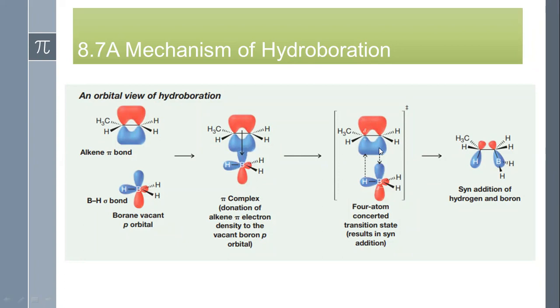So one of the carbons utilizes its p orbital to form a head-on overlap with the p orbital of this boron, and that would result in a partial bond formation, and boron-hydrogen would result in a partial bond breaking process, and the pi electrons would result in partial bond breaking because they will be utilized to form a bond here, and a partial bond formation between hydrogen and carbon, in such a way that you will get your boron added to one side and hydrogen added to the other side of your alkene.